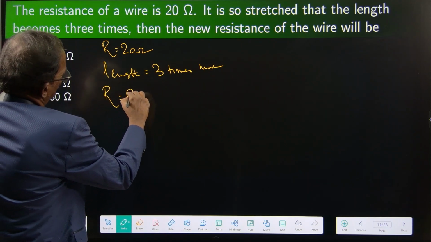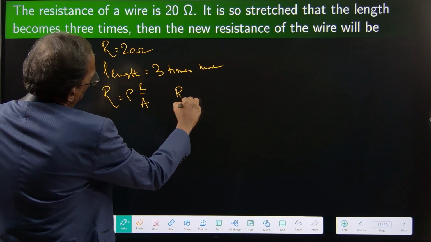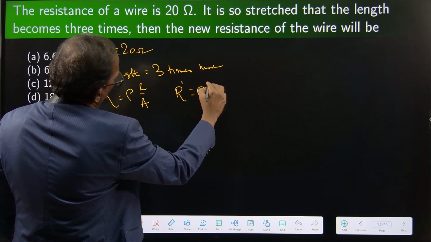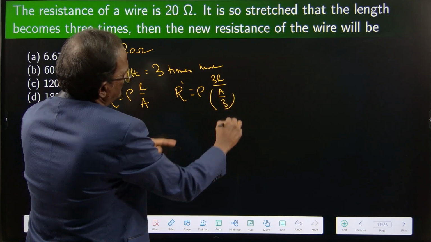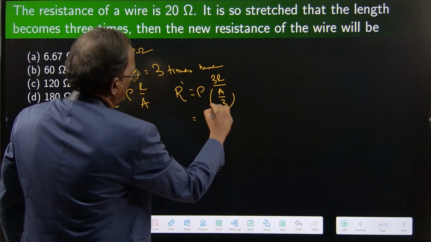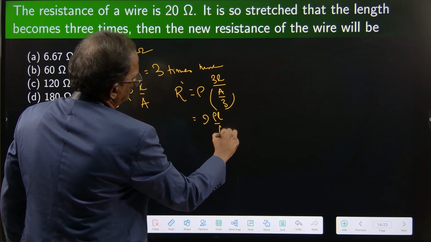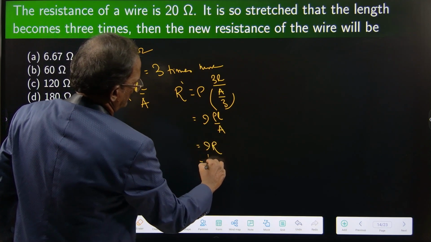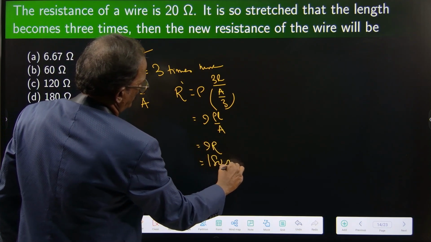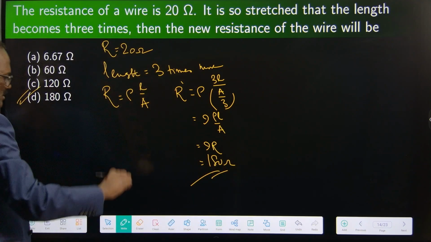R is equal to rho L by A. R dash is equal to rho 3L by A by 3, that is, L dash by A dash. So 9R. R is 20. 9 into 20, 180 ohms, option D.